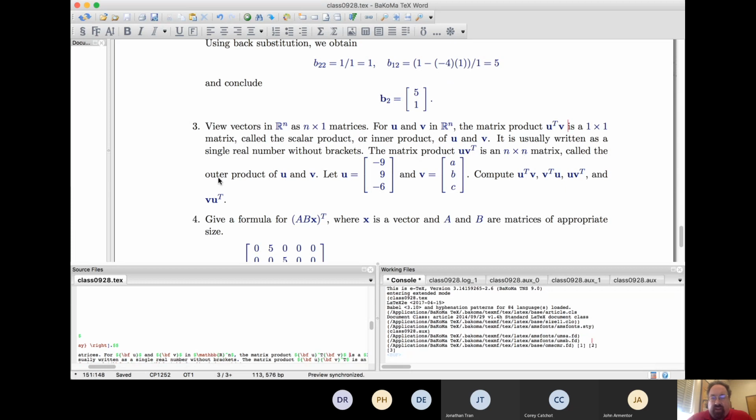That's the outer product. What I'll show you is how we go about computing these. Here we have two different inner products, u transpose v and v transpose u, and then two different outer products, u v transpose and v u transpose. The first two results will be numbers. The third and fourth results will be matrices.